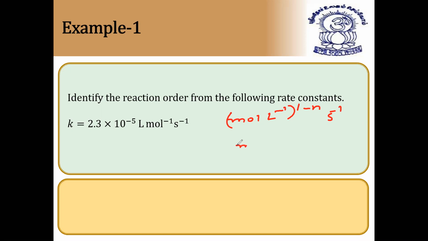Second order, we will try. Moles per liter to the power of 1 minus 2, second inverse. So 1 minus 2 becomes minus 1. Minus minus becomes plus. So mole inverse liter, second inverse.